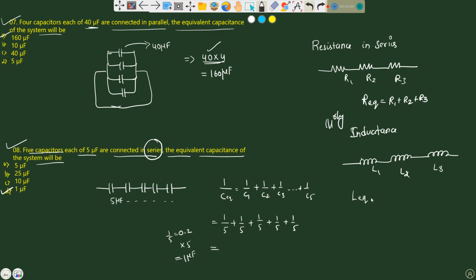Then L equivalent will be L1 plus L2 plus L3. But this is not the case for capacitance. When capacitances are connected in series, C equivalent will be 1 divided by C1 plus 1 divided by C2 plus 1 divided by C3. Remember this.